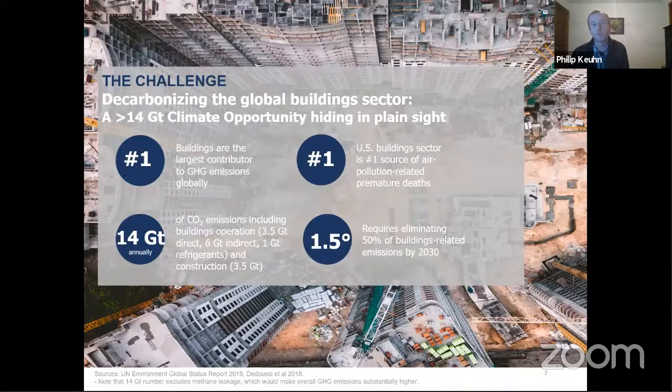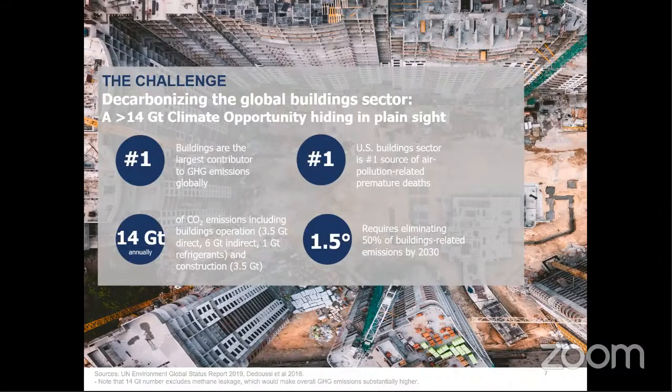They emit 14 gigatons of carbon emissions annually. That breaks down to about 3.5 direct, being the fossil fuel burned in the buildings for space heating, water heating, things like that. 6 gigatons from indirect, so that's primarily from the electricity that they consume. A gigaton from refrigerants and the leakage associated with them, and 3.5 gigatons from embodied energy related to construction and renovation.